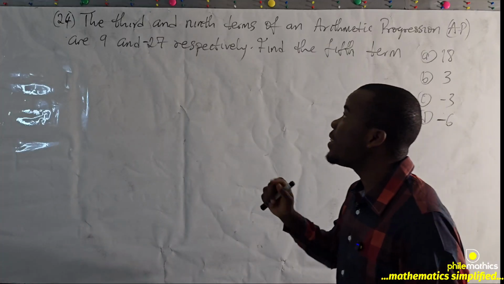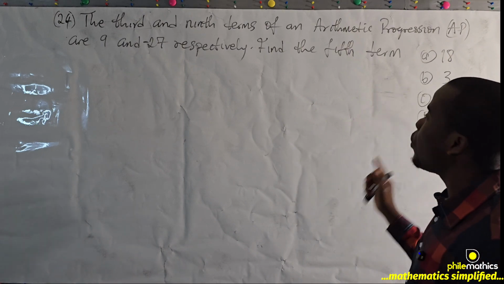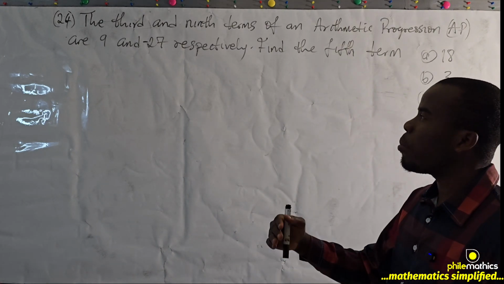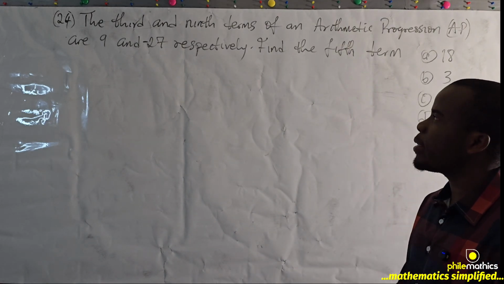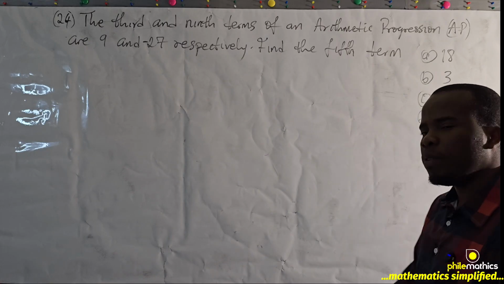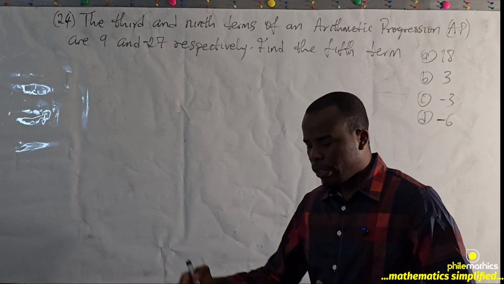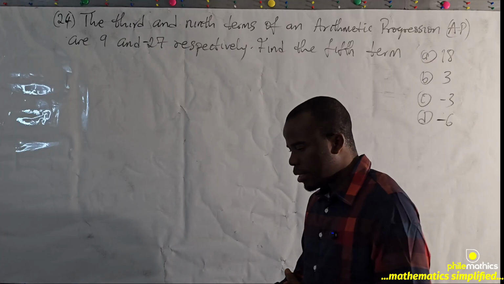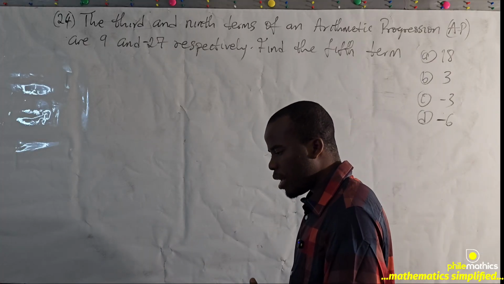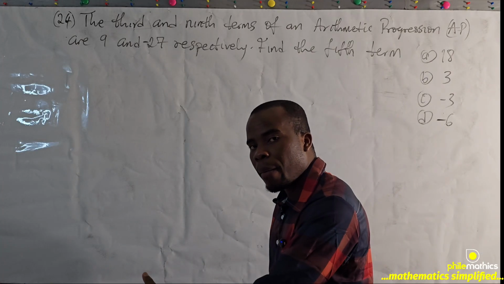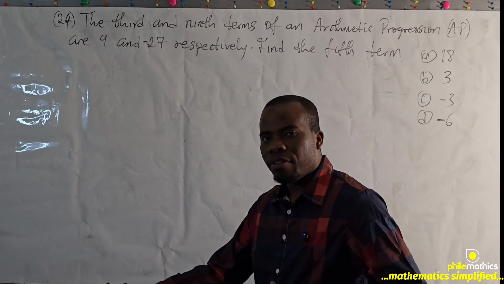The third and ninth terms of an arithmetic progression are 9 and minus 27 respectively. Find the fifth term. We know that an arithmetic progression is a sequence of numbers that follows a pattern by a common difference.